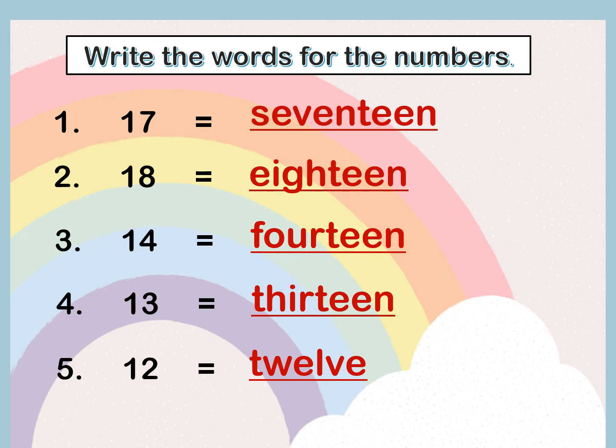Let's spell it together, kids. T-W-E-L-V-E. 12. Okay, kids, now let's read numbers 1, 2, 3, 4, and 5 all together.